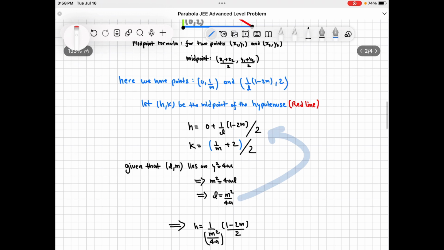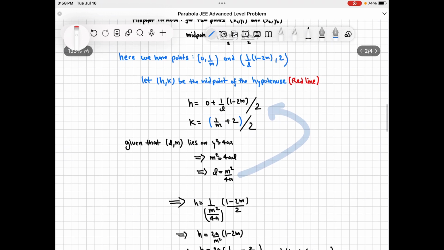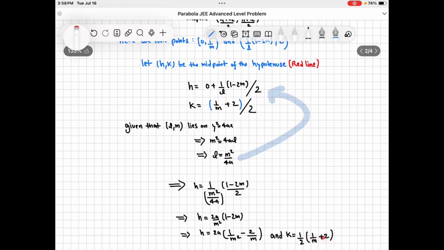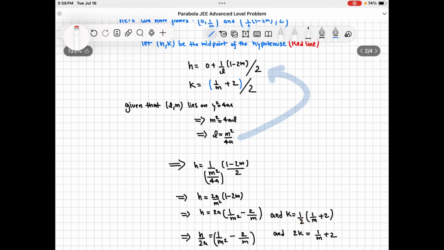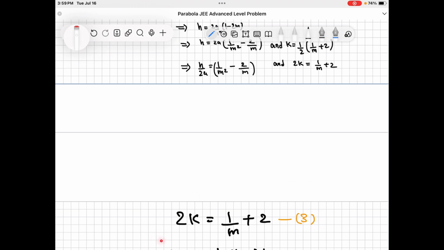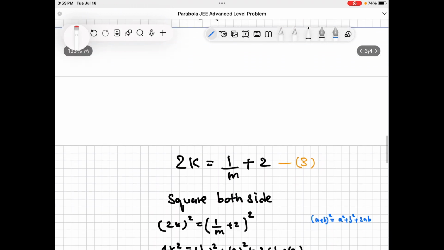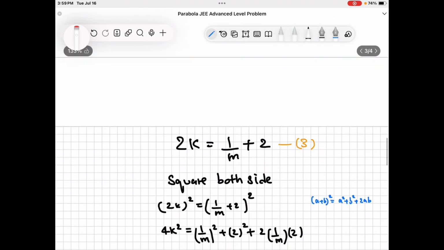Here we modify that, and we now have two equations mostly in terms of m. Now we have to do some manipulations. We put this 2 back here, and it now becomes 2k. Now we square this term so that we can equate and make it simpler. Squaring it, it becomes something like this.